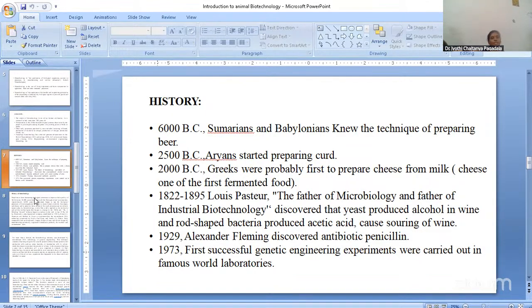After his contributions, in 1929 Alexander Fleming discovered the antibiotic penicillin, and in 1973 the first successful genetic experiments were carried out in famous world laboratories.